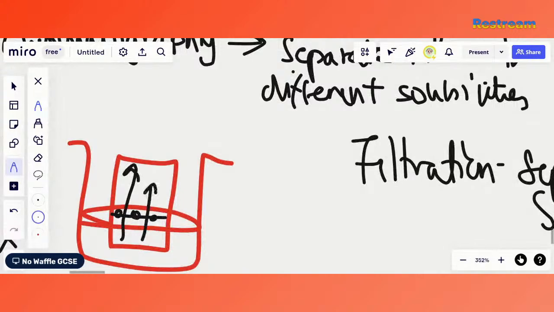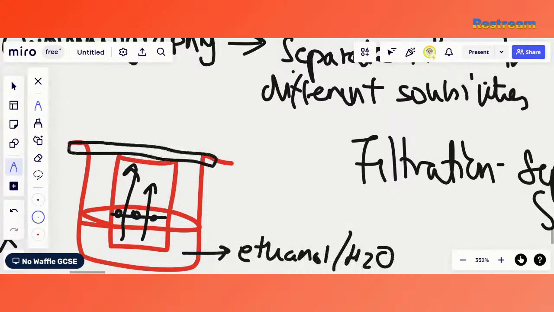If it's a different type of ink that wouldn't move with water, you would use an ethanol solution instead. And in the end, you get a nice chromatogram in which you can calculate the different lengths achieved.